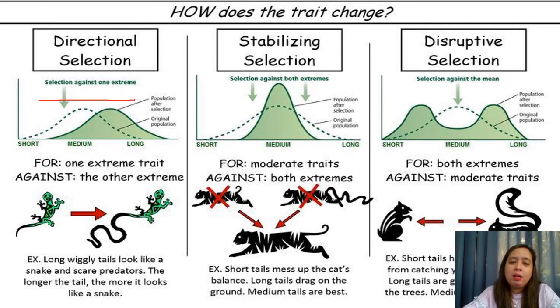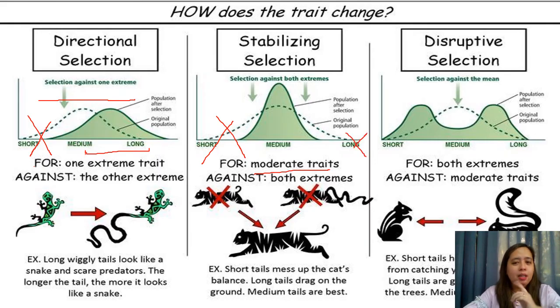So here, mas favorable, for example, yung medium to long na trait compared to your short. So since it is the most favorable one, there's a tendency that this short trait could be lost in the population. When you say stabilizing selection naman, it is more on the moderate traits compared to both of the extremes. So, hindi favorable ang mga short and long, so mas favorable ang medium.